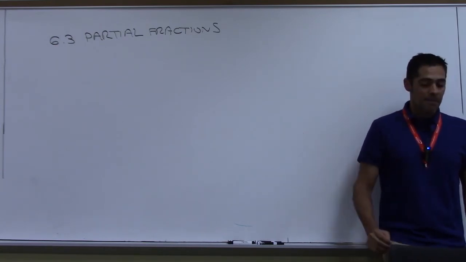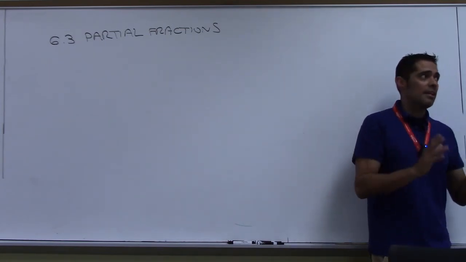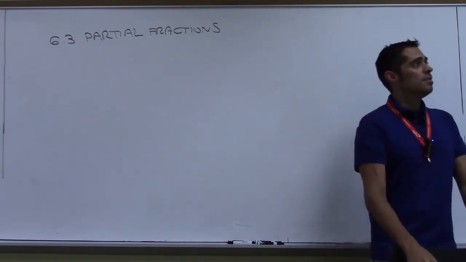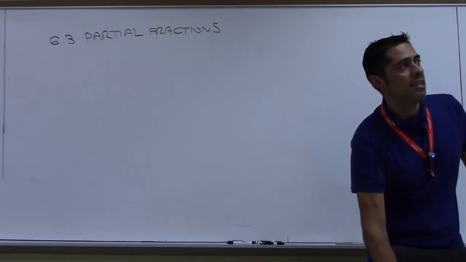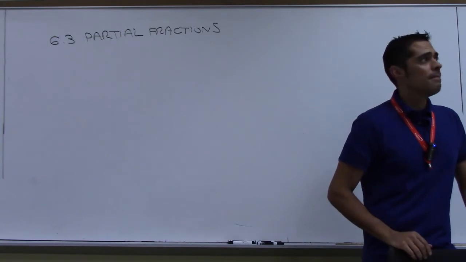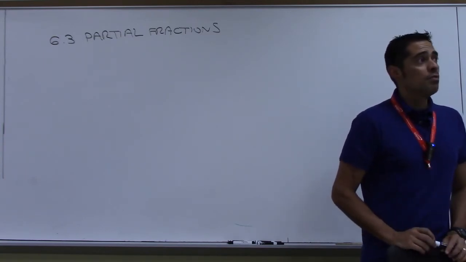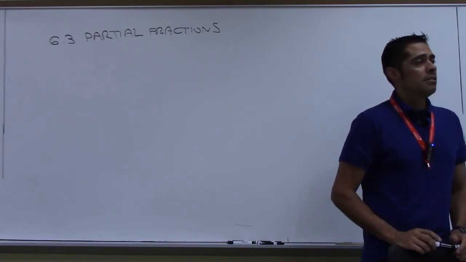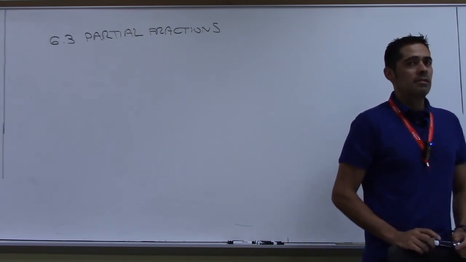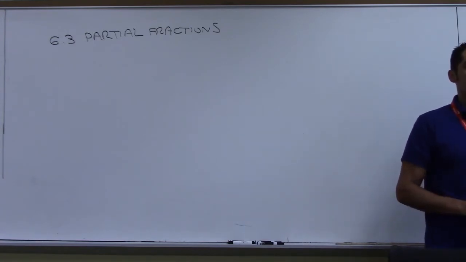So before we even get to partial fractions, I want to spend time getting us ready for it, which is to remind you of Formula 17 in the table of formulas: if you've got 1 over u squared plus a squared in your integrand, the antiderivative is 1 over a arctangent of u over a.